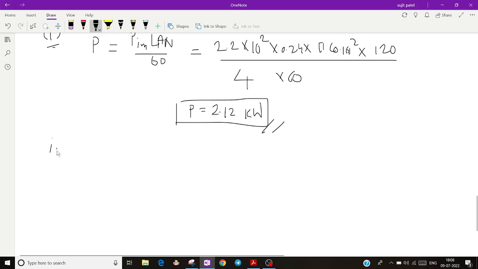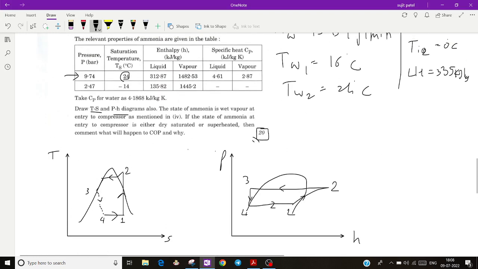The second thing we have to find is the mass flow rate of the ammonia, which I am denoting with MA. Some may say that generally we find it in the evaporator section, from the refrigeration effect multiplied by H1 minus H4. But how do we find H1, because it is in the wet region, so how do we find the dryness fraction?